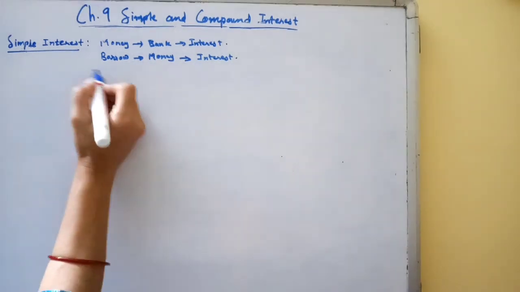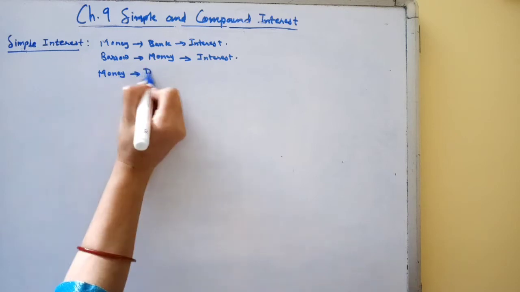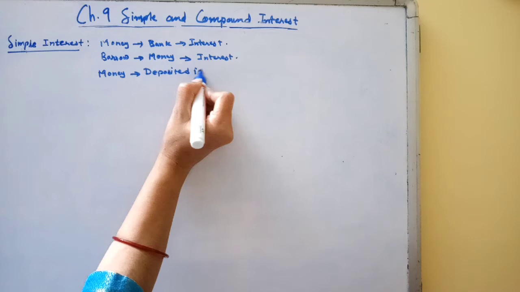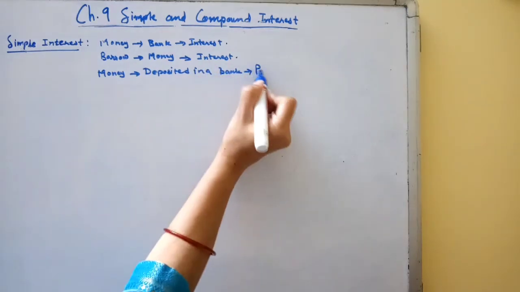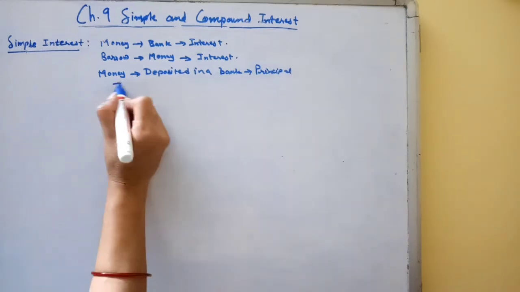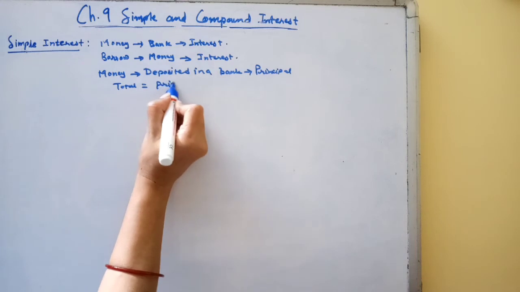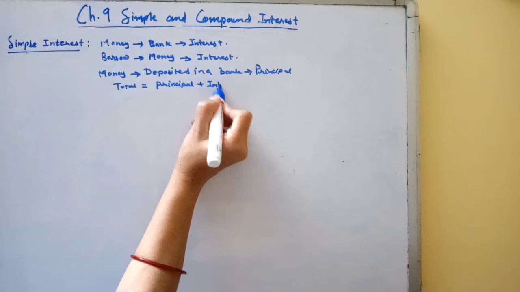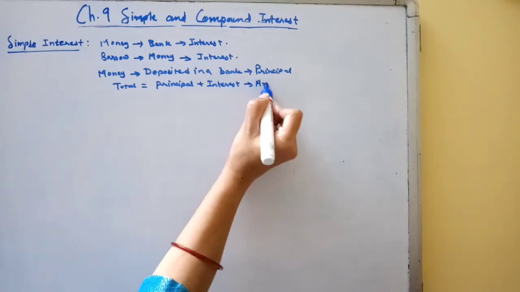So this money, when we deposit it in a bank, is known as principal, and the total of principal and interest is called amount.